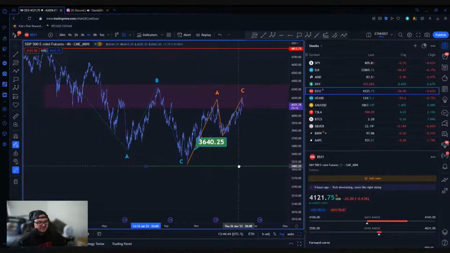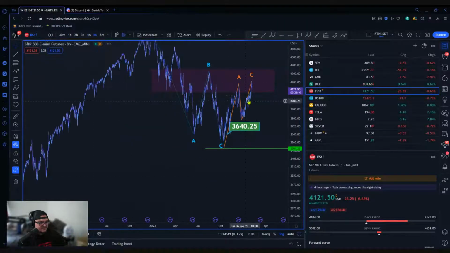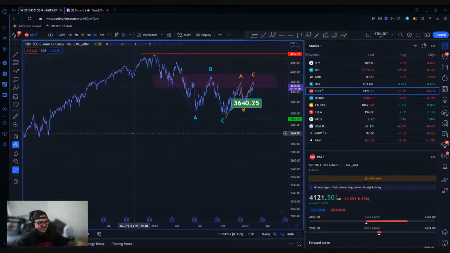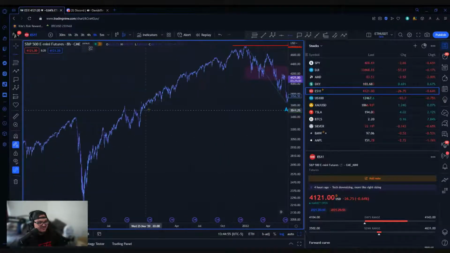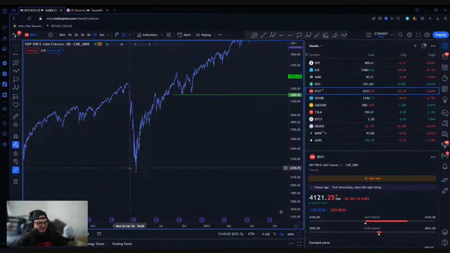Even if we do get a larger turn on the S&P and go back to a local support region, if we break 3,500 and go back to previous support, there's probably nothing significant until about 3,200. And then there's nothing until we get back down to the COVID lows.